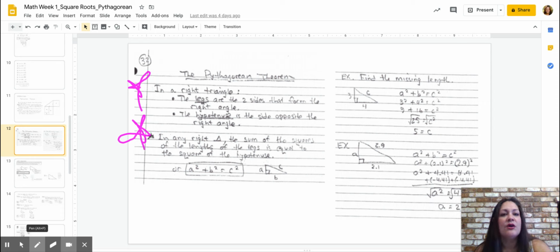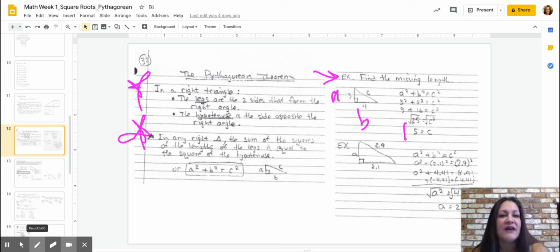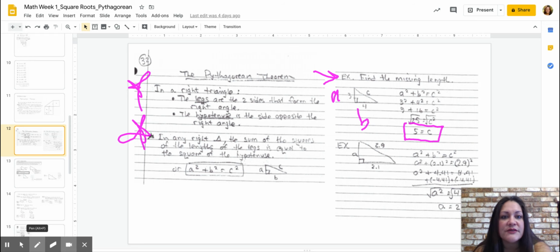Okay, so over here in our example, to find the missing length, we have A squared plus B squared equals C squared. So it ends up being 9 plus 16, which is 25. Easy, perfect square. Square root of 25 is 5. So 5 equals C.